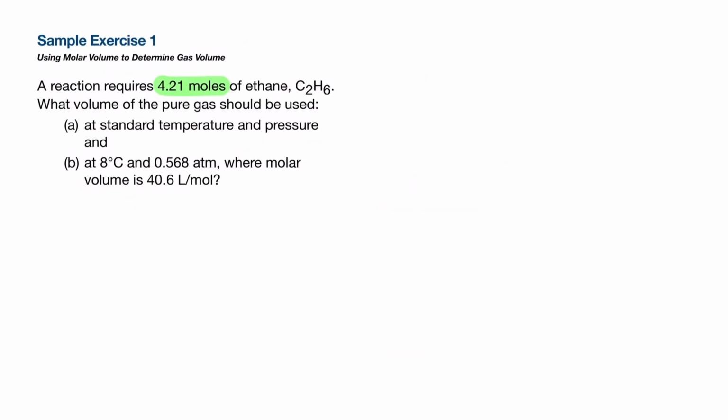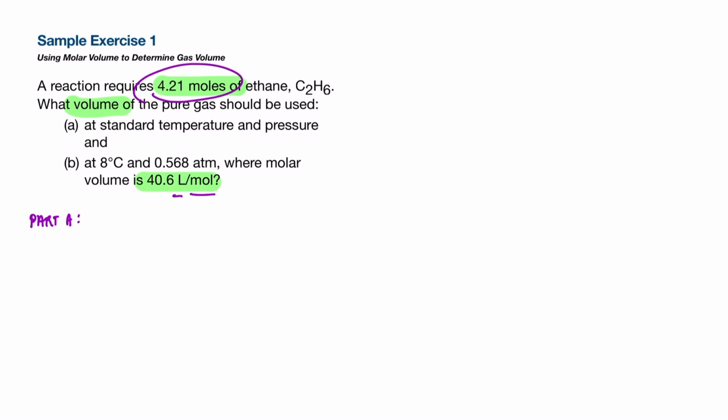We're given the amount in moles in this problem statement, and volume is wanted. Two different molar volumes are also given, 22.4 liters per mole at STP, and the other one is 40.6 liters per mole. We know that molar volume is a conversion factor that lets us convert between volume in liters and amount in moles. Now let's solve the problem for part A.